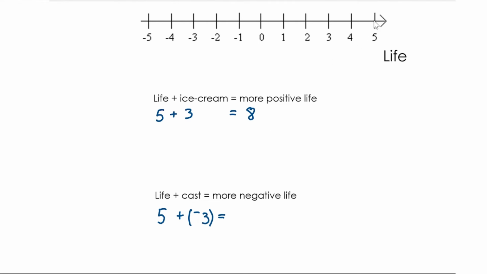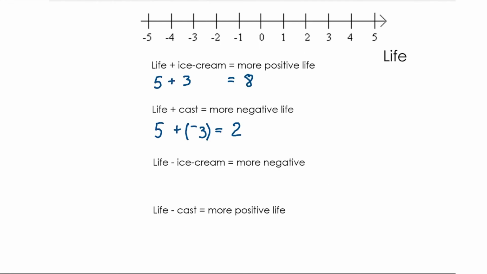So we start with 5 and then we go down 3. 1, 2, 3. So now it should be at level 2 because of that cast. So our life now is at level 2. So we've been adding positive as well as negative things. Let's see now what happens when we subtract them.